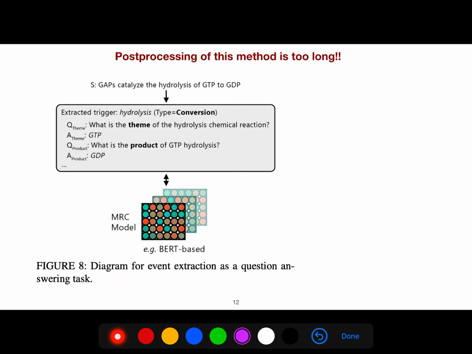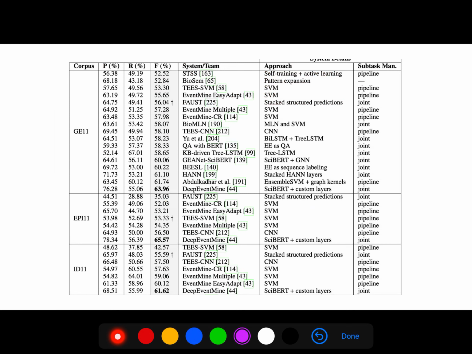But post-processing of methods like large language models is too long. And here we see the state-of-the-art accuracy for GENIA, for example, is 63%, which is even worse than ACE05. That's why biomedical event extraction is more challenging than any other domain.